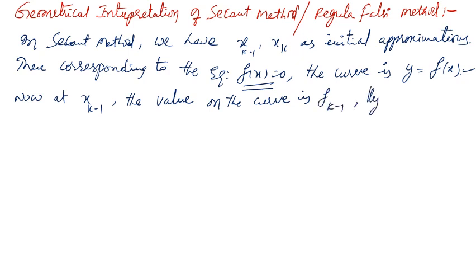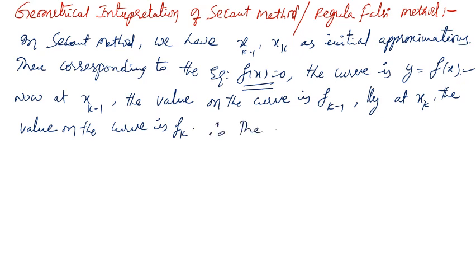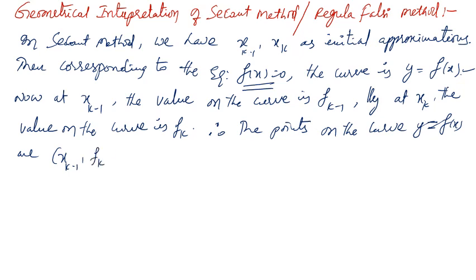Similarly, at x_k, the value on the curve is f_k. Therefore, the points on the curve y = f(x) are, one point is (x_{k-1}, f_{k-1}) and another point is (x_k, f_k).